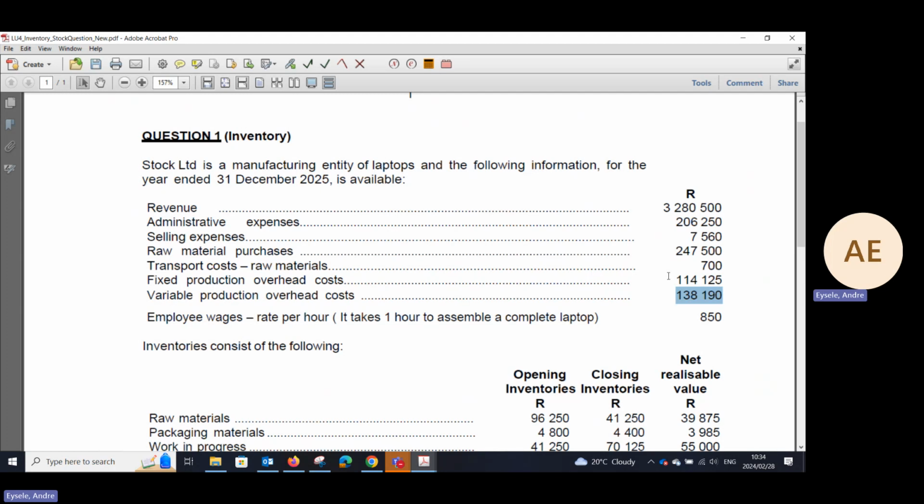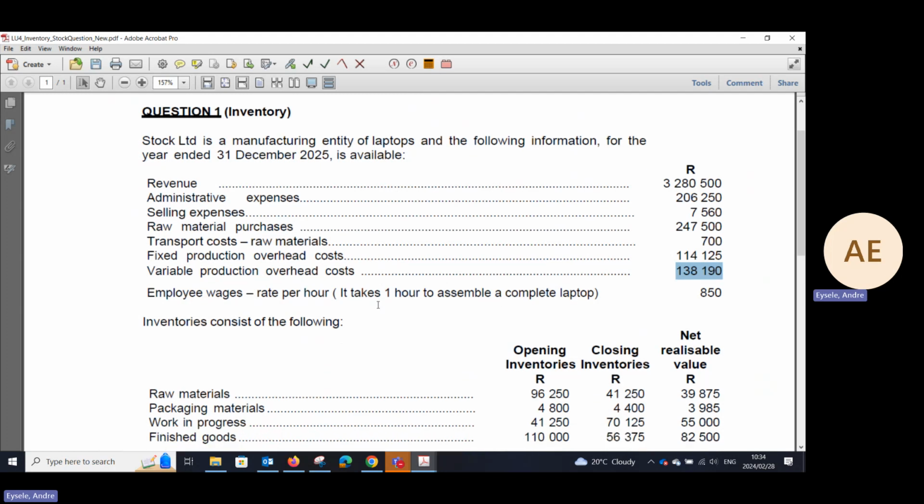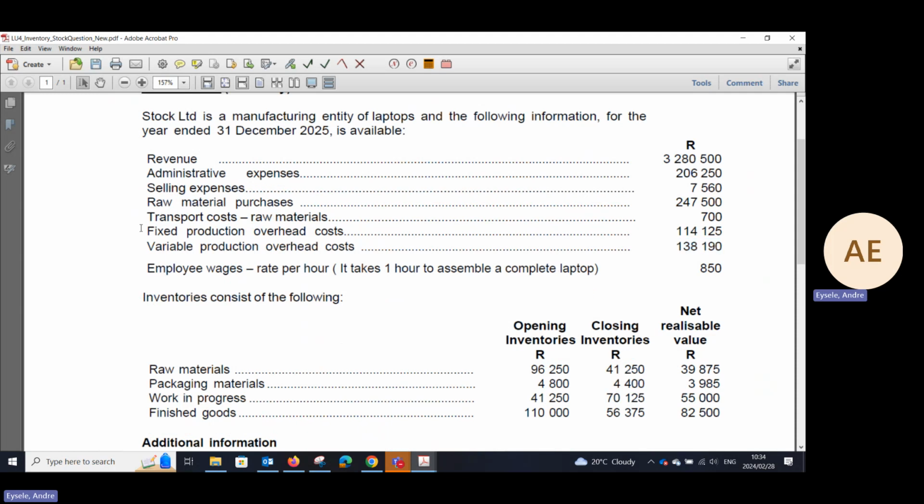So in normal circumstances, we cannot allocate fixed production overheads with ease to the production costing of the items that you produce. Therefore, whenever you operate under normal capacity, the company has realized that if they produce 2,000 units, they can allocate a standard unit rate of, say, 50 Rand per unit to these specific items that you've produced.